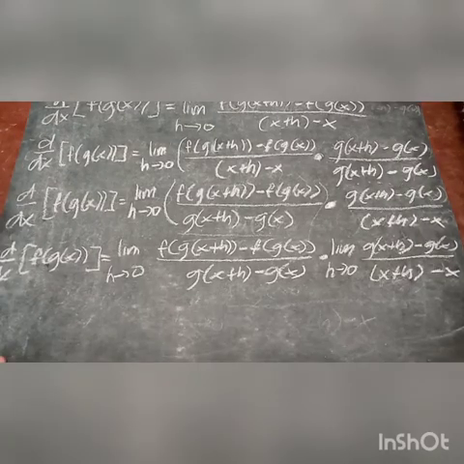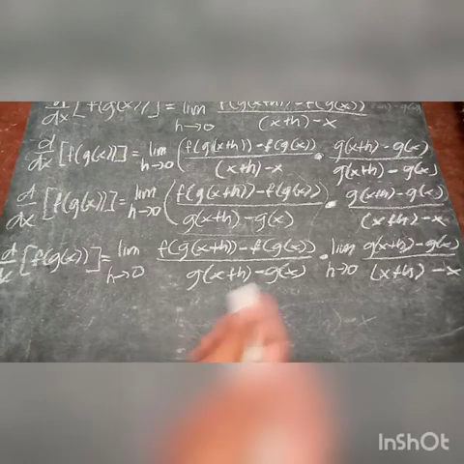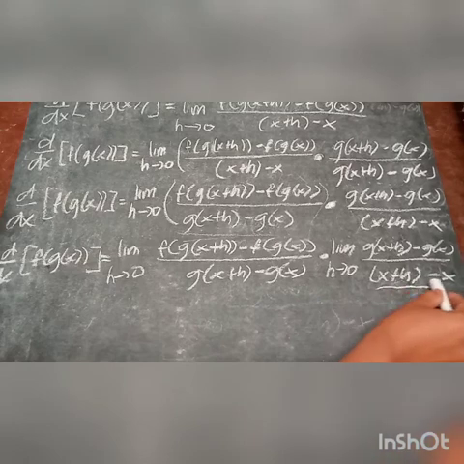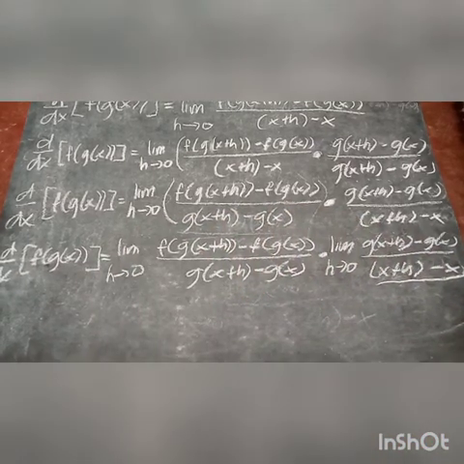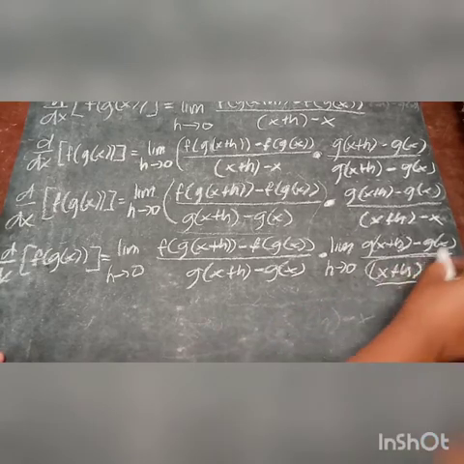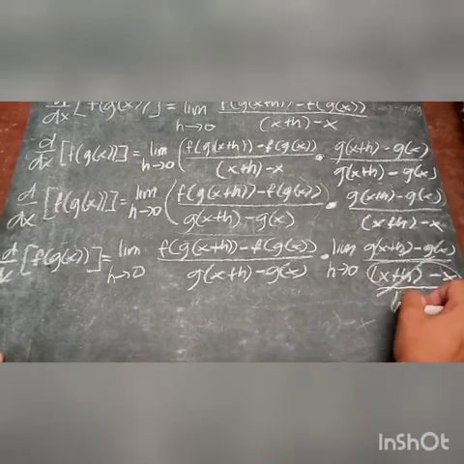In the second fraction, we can simplify the denominator x plus h minus x to h. So this would be equal to h.